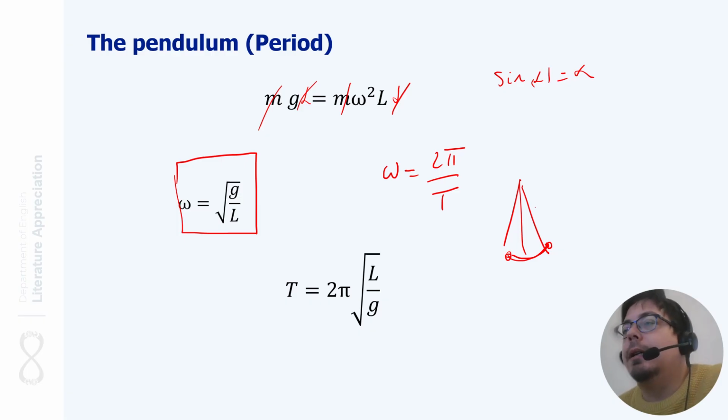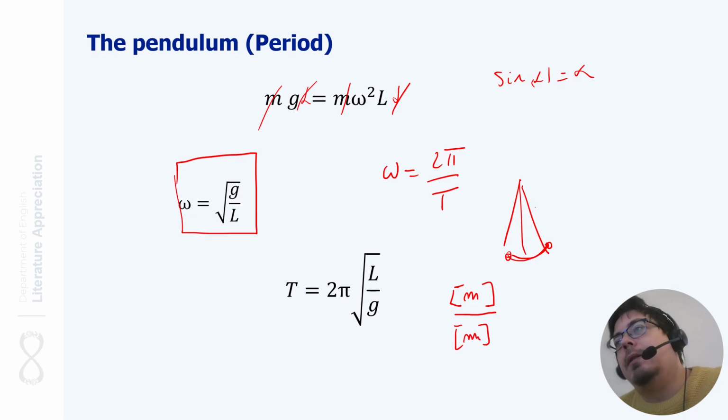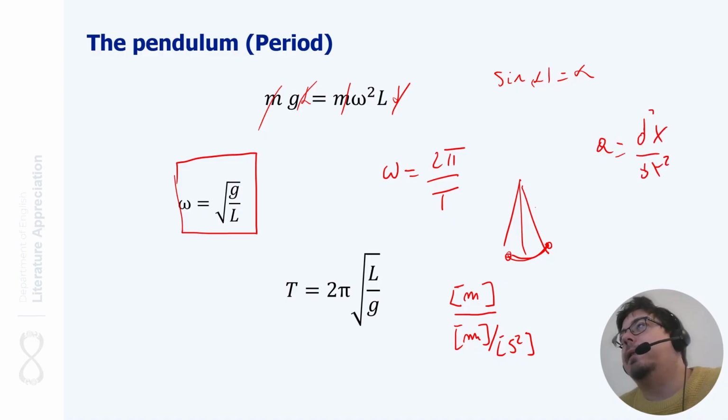And let's see that this is a good formula for the time by doing dimensional analysis. So we know that the length is in meters, and the acceleration is in meters over second squared, because acceleration, as we know, is the derivative of space over time squared. And then there is a square root.